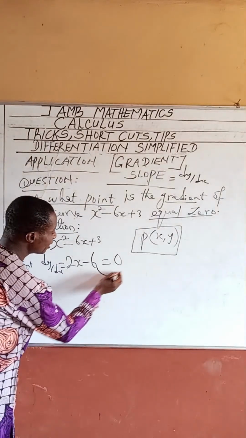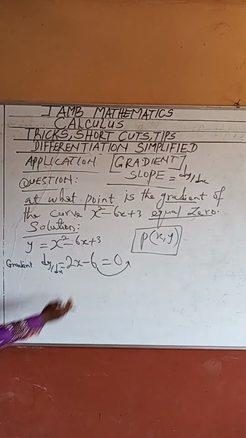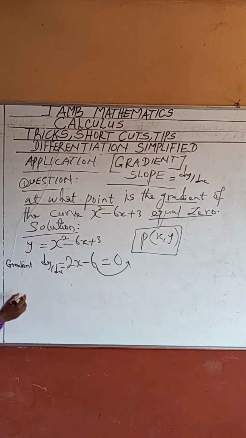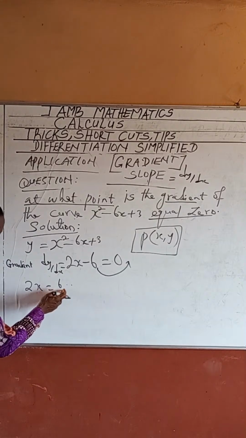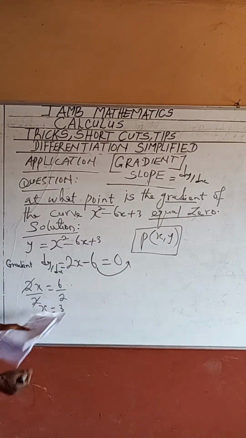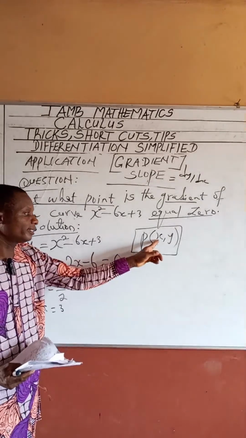Transfer the minus 6 to this side. That gives 2x equals 6. Once we have achieved this, we divide by 2 on each side. These 2s cancel, so we have x equals 3, which means the value of x is 3.